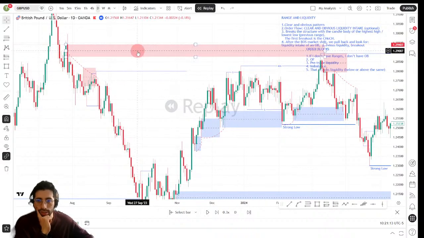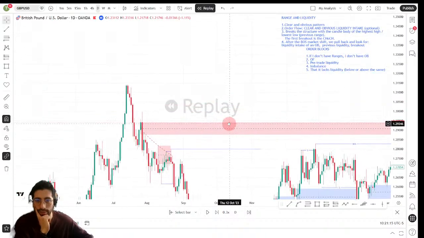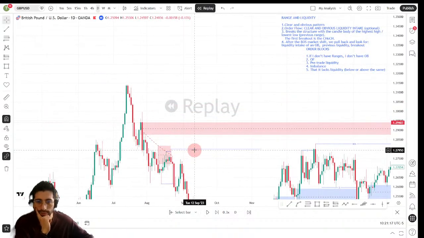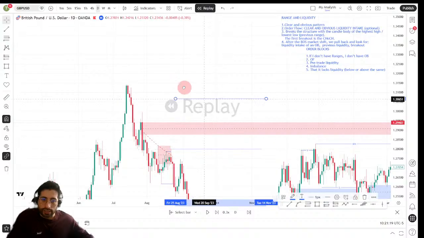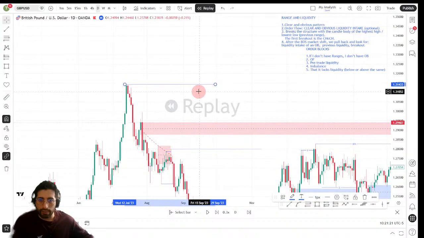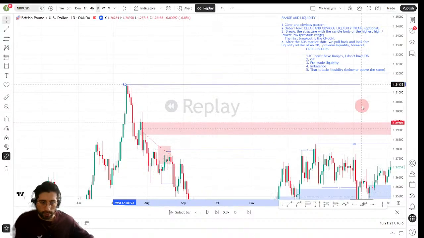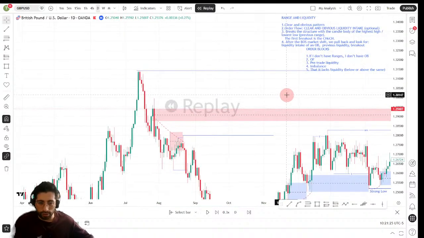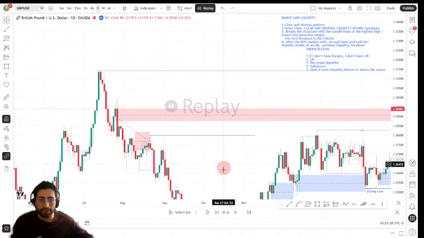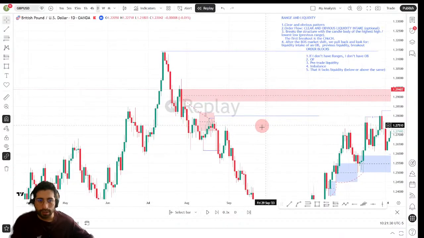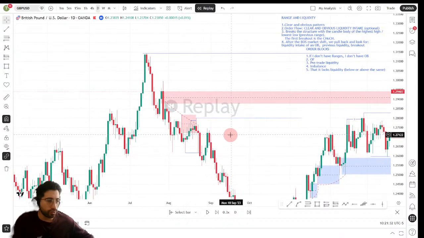But actually, the real strong high is this one. So this is the reason why we need to be very aware about the order blocks, because order blocks are paramount for smart money concepts. But understanding when an order block works or it doesn't is extremely important for you as a trader, right?